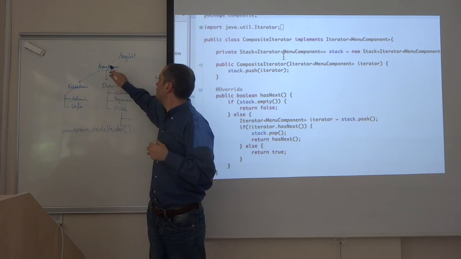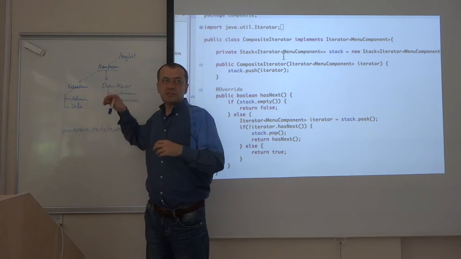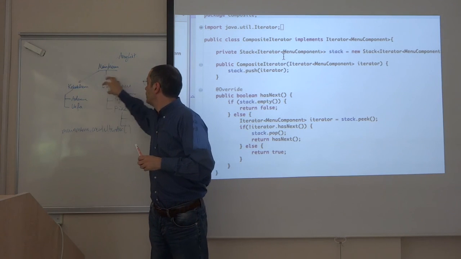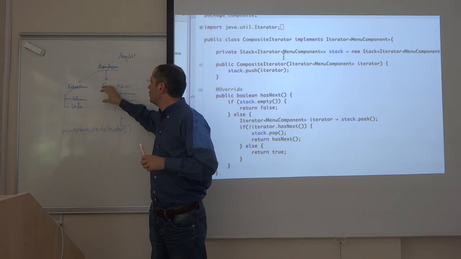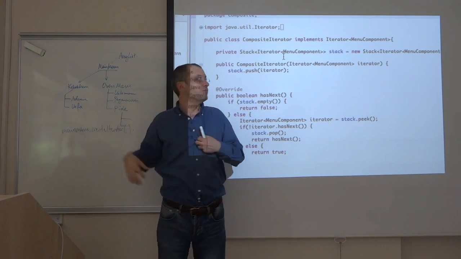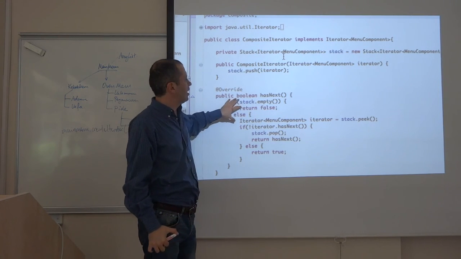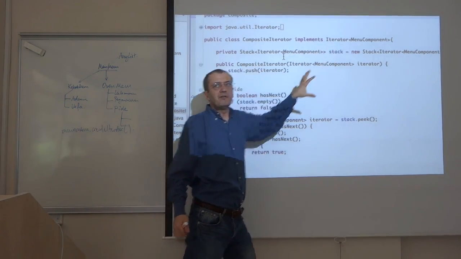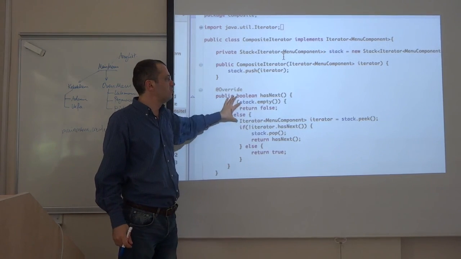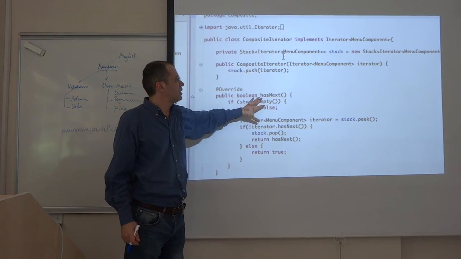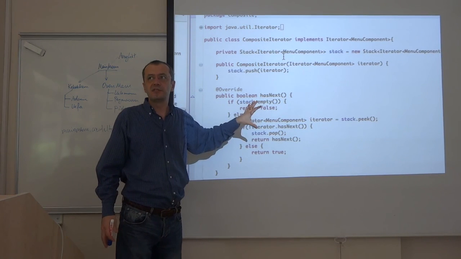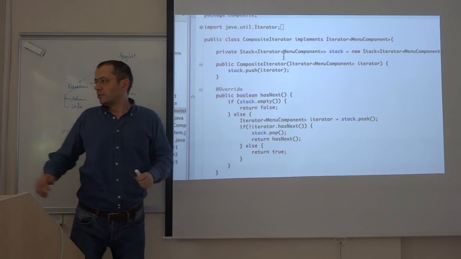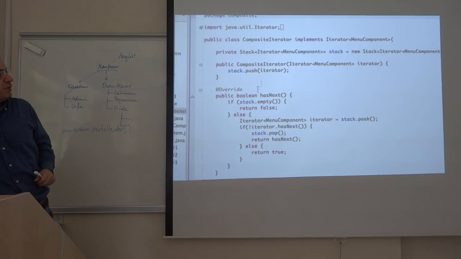Within that, I have these two elements, like this one and this one. But underneath these two, I have lots of other items. Then I have to implement two things because it's an iterator. I have to override these two methods. One of them is hasNext, the other is next. There's another one also, but I'm not going to be doing that.